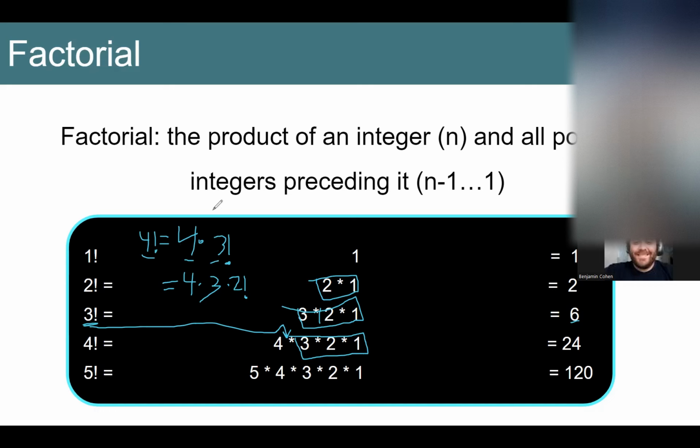Now, why does this lend itself to being defined recursively? Because in the thing we're looking for, which is 4 factorial, we're calling the factorial function again. If we treat the exclamation mark as a function, we're saying the value of 4 factorial is 4 times 3 factorial.